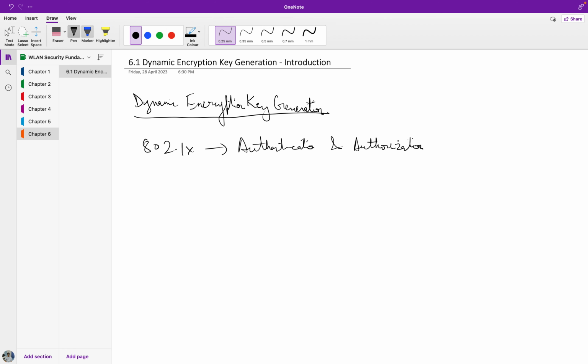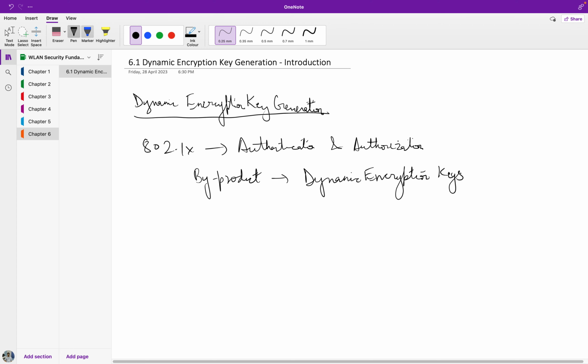There is a byproduct of 802.1X that is generated and distributed, called the dynamic encryption keys. If you remember the entire flow that we talked about in the last chapter, at the end the four-way handshake happens and the dynamic encryption keys are generated.